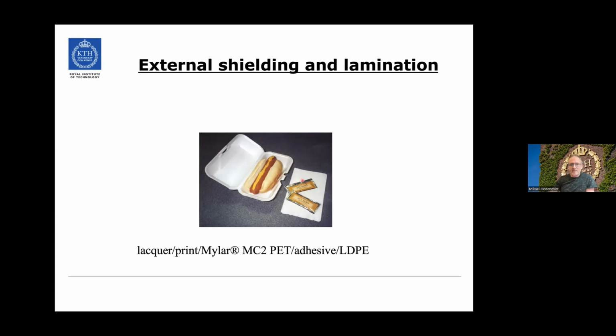And here you have an example of a multi-layer, the mustard package here, which contains low-density polyethylene on the inside, so you can weld the packaging, and then you have PET, and the PET is not a sufficient oxygen barrier, so you're actually putting aluminum, it's aluminum-coated PET.